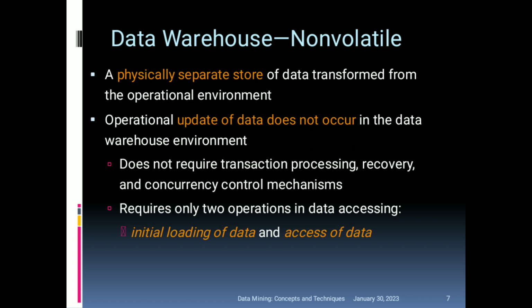Operational update of data does not occur in the data warehouse environment. It doesn't require transaction processing, recovery and concurrency control mechanisms, and requires only two operations in data accessing: initial loading of data and access to that data.